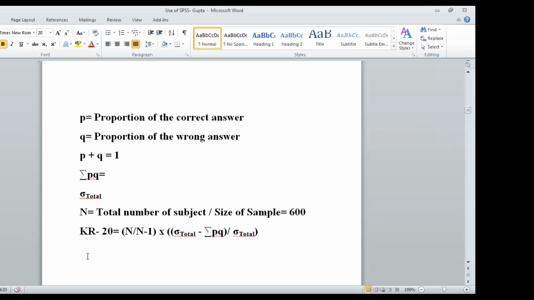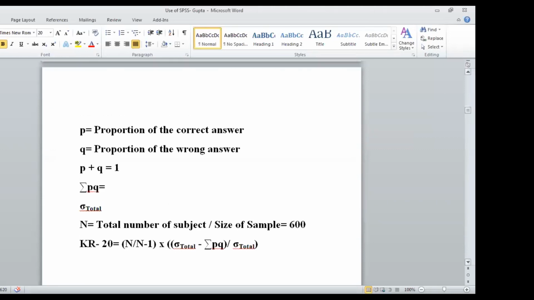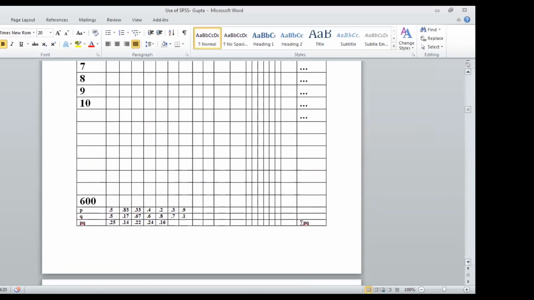Similarly, there is one particular method which you can use only for the scale. You cannot use for other than the scale. And that is called Cronbach alpha.